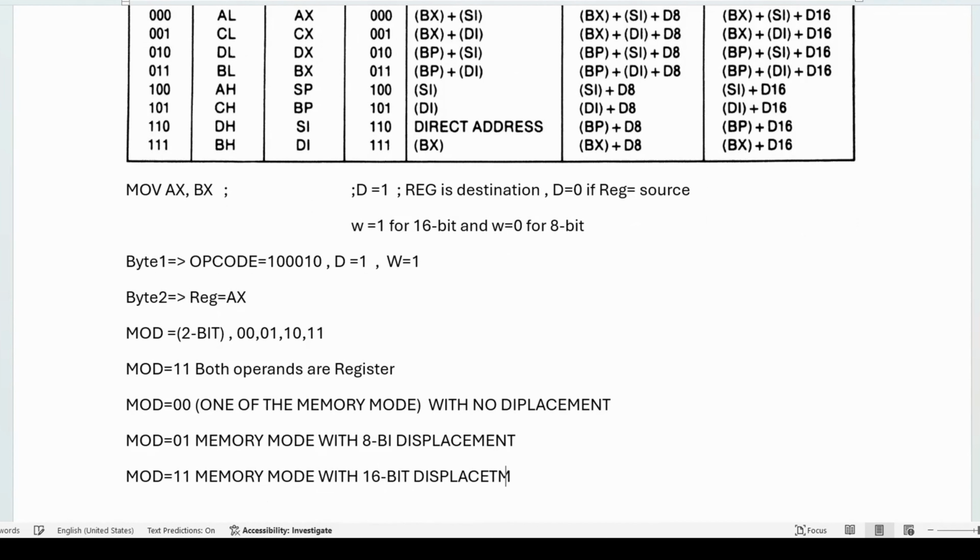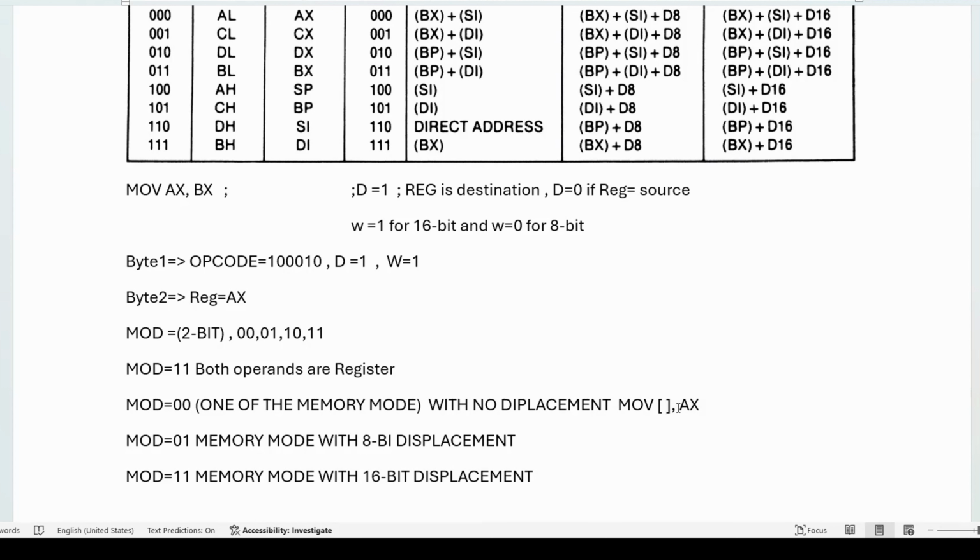So what are those actually? Let me show you an example so that you understand. Let's say I'm going to write MOV, certain memory, comma, certain memory. This square bracket indicates a memory, comma AX. In this example, this is simply a square bracket, which indicates it is a memory.